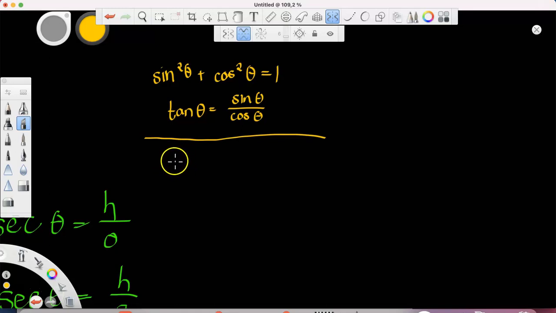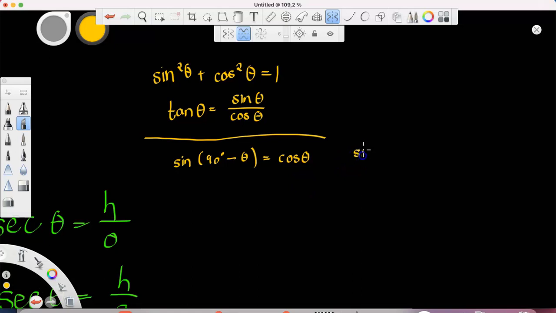So for example, sine of 90 degrees minus theta is equal to cos theta. I need to know this.